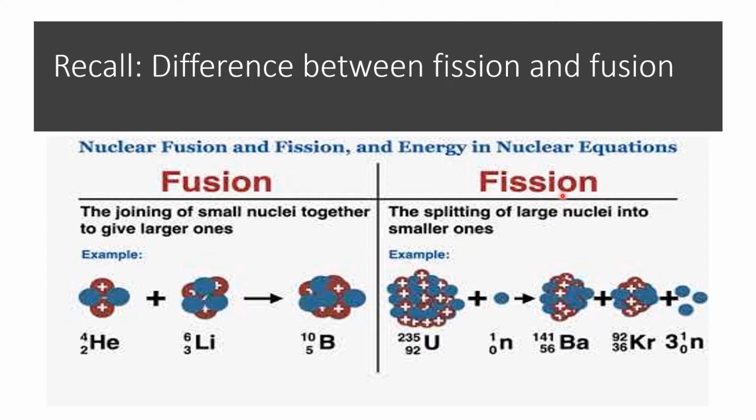Well, fission is the splitting of large nuclei into smaller ones. For example, you have a very heavy and large uranium atom, and once it is bombarded by a neutron, it will break into some smaller nuclei. For example, the barium, krypton, and then 3 neutrons.